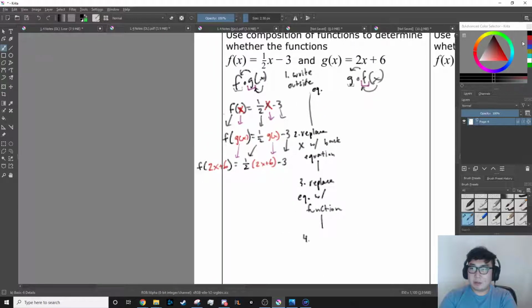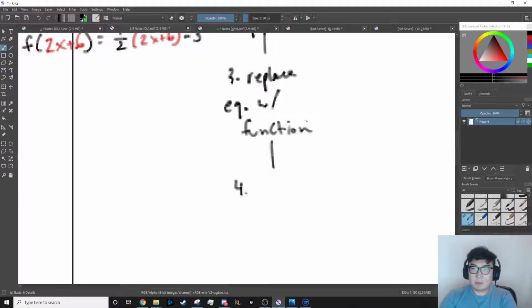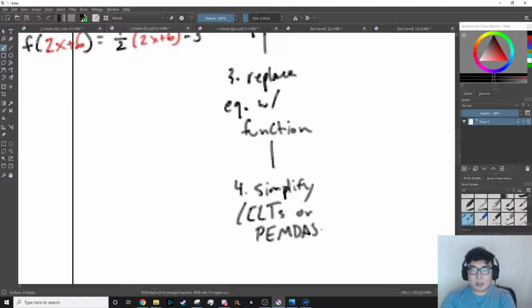Let's see. What I can do now is I can simplify. And this is the same thing as combine like terms or PEMDAS, whichever way you want to think of it.